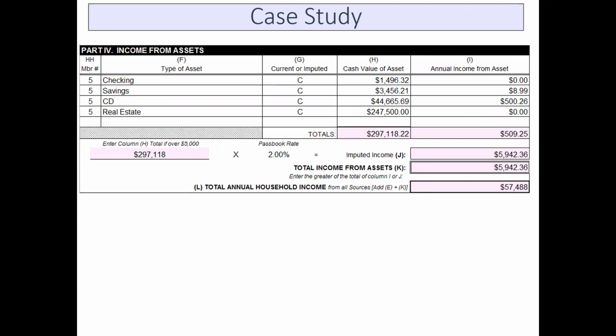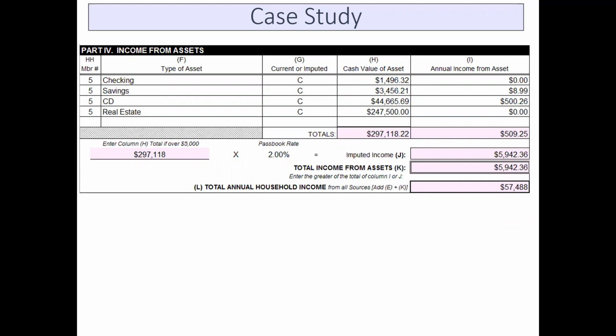Then going back to the first page of the HEC, we had this section already filled in for us, right? This is the income from assets, the checking, the savings, the CD, and the house that we looked at. When these numbers are put in, again, it will do subtotals for you. Whenever a household's assets are $5,000 or more, you also have to impute what could be earned on the asset.